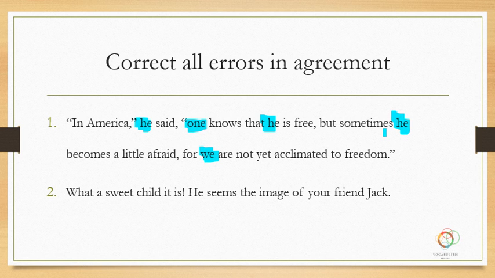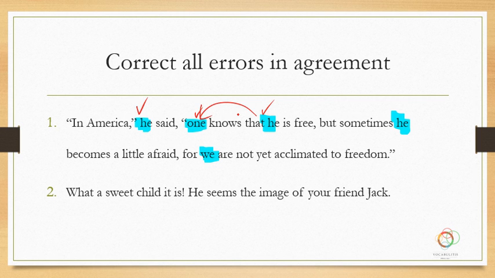Well, in America, he said, and this is taken out of context, so he must be some guy talking. So we'll say, all right, that's okay. There's some guy that's talking. One knows. Can we introduce a new person? Yes, because this is some other person that he is mentioning. So the one knows that he is free. Now this he goes with the one. All right.